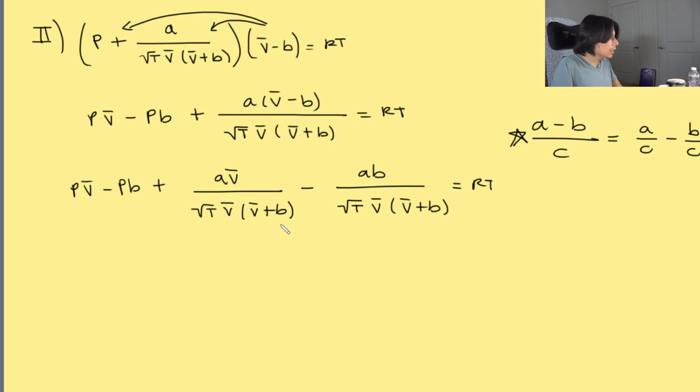Okay, so now let's see what we can do. We want to solve for B. Well, now here, I think we have to, let me just look at my notes really quickly. Okay.